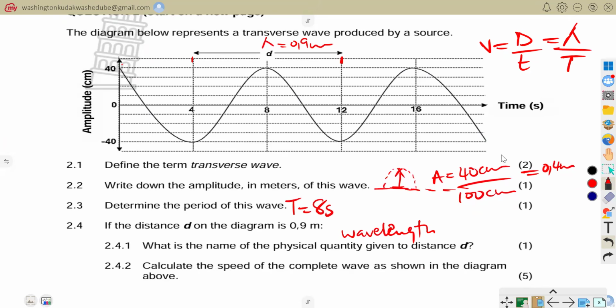Our wavelength is given in this question as 0.9 meters, and we determined our time period to be 8 seconds. So speed is equal to 0.9 meters divided by 8 seconds.